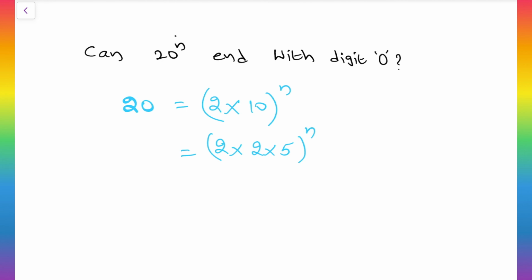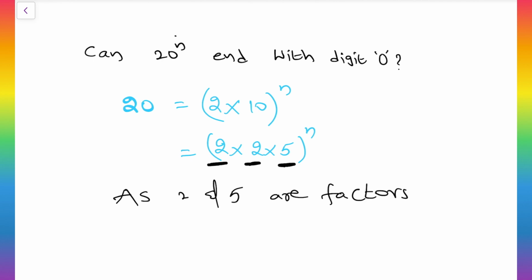If we observe this, 2 is a factor and 5 is a factor. As 2 and 5 are both factors, 20 power n will end with the digit 0.